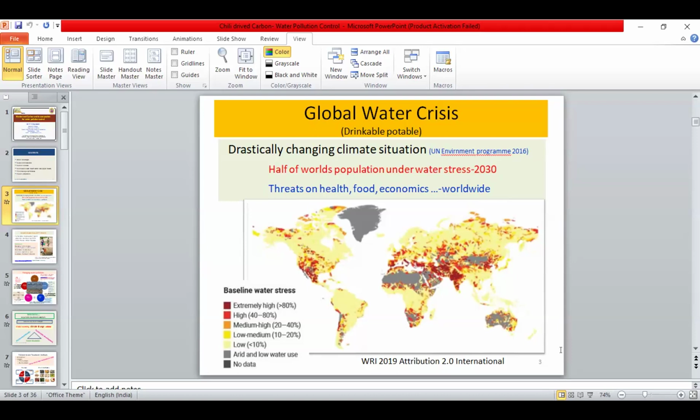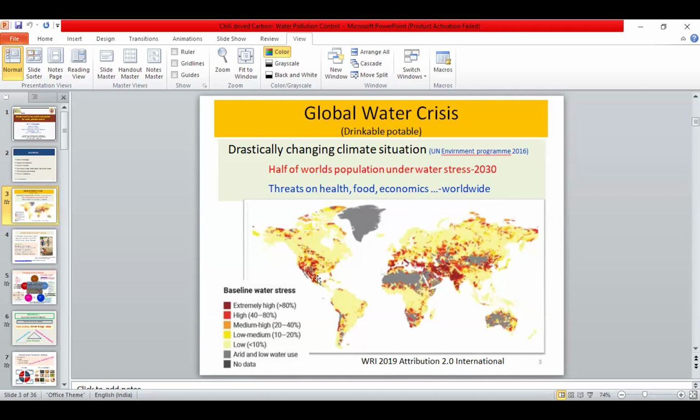Water stress means the water use with respect to the water available in that particular area. This will give rise to many issues on health, food, and economy worldwide.